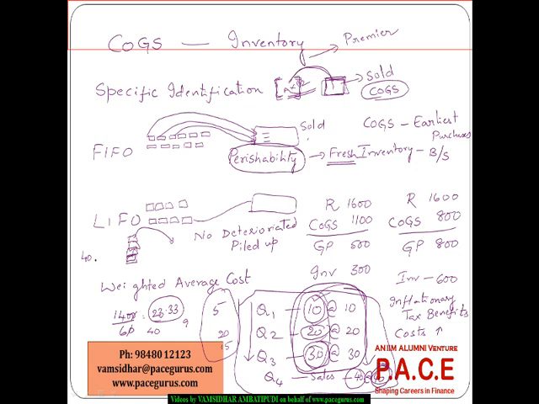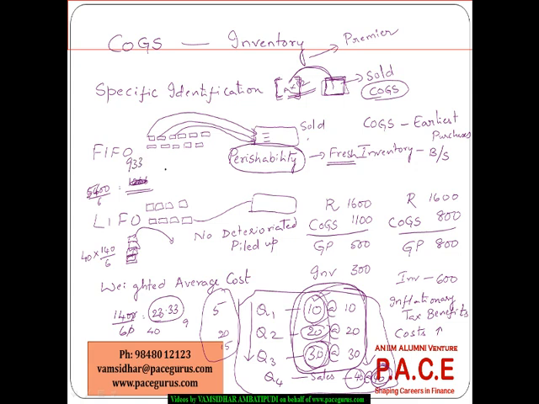So probably I can say 40 into 140 by 6, resulting in 5600 by 6, which is working out to 933 something.